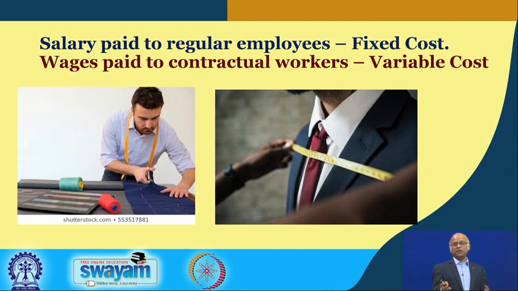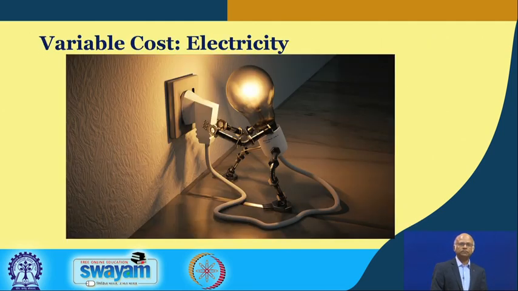Now if you have permanent staff, you are paying salary, that means whether there is production or no production, you have to pay, then it becomes a fixed cost. If your wages are based on volume, meaning that if you stitch one shirt, this amount of money, 10 shirts, 10 times that money, then it is a variable cost. Electricity cost is variable because it depends on the number of units that you produce.